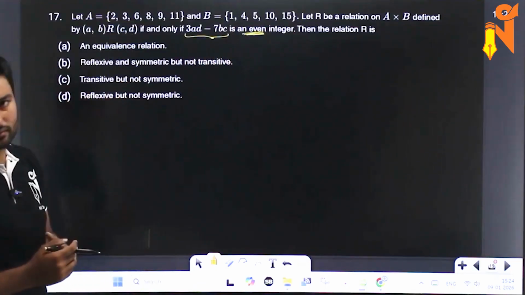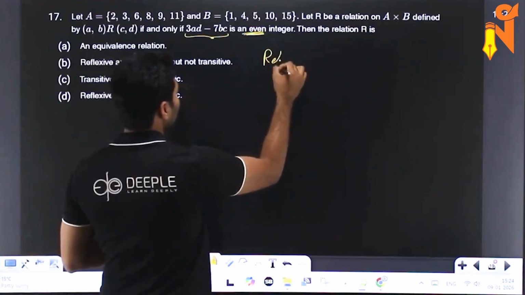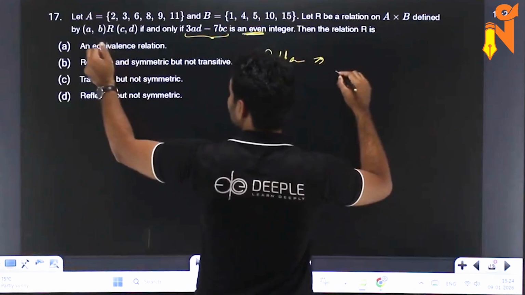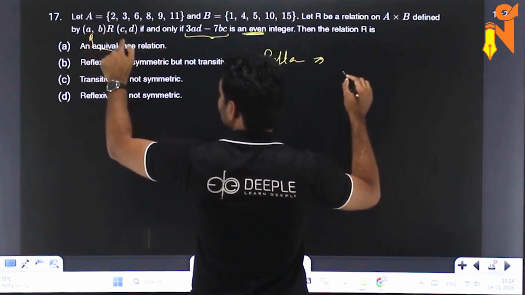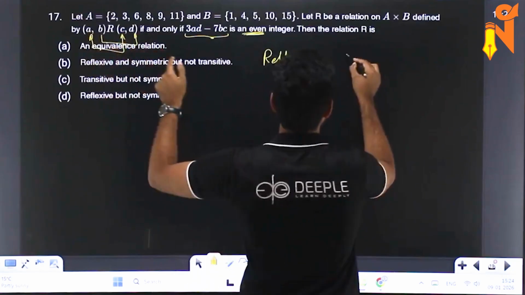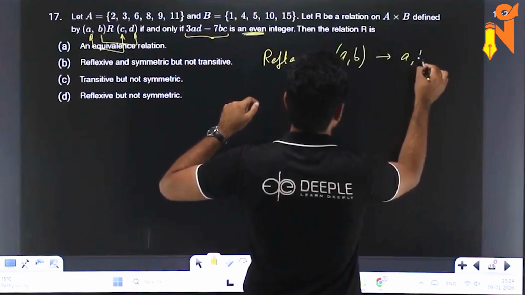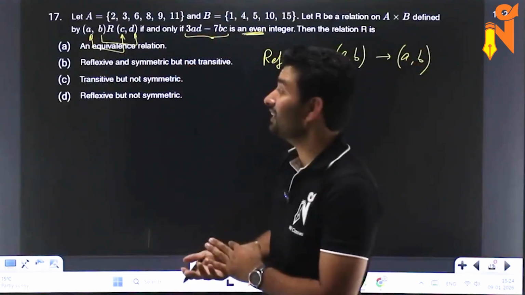To check reflexive, what we can do here, in the reflexive condition, we will put the same element in both places. So a comma b, relation a comma b, this is the basic fundamental of reflexive, right?